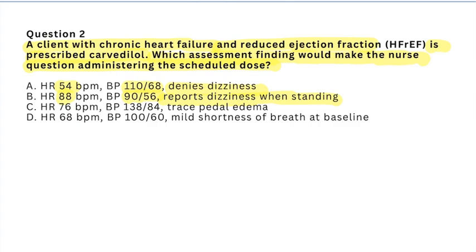Letter C, a heart rate of 76, a blood pressure of 138/84, and there is pedal edema. The last choice, a heart rate of 68, a blood pressure of 60, and there's mild shortness of breath at baseline. So another 30 seconds for you.